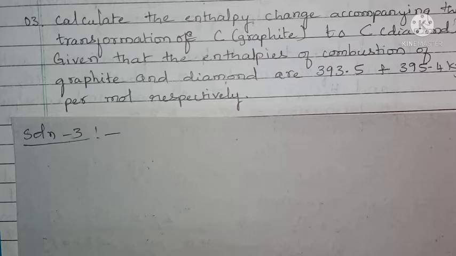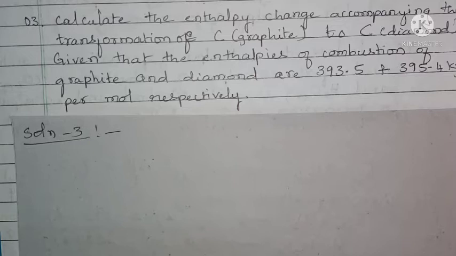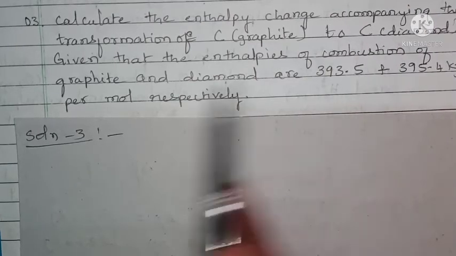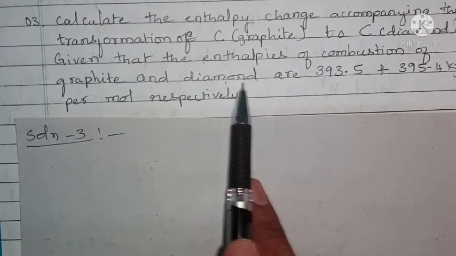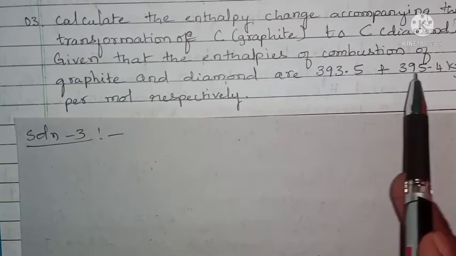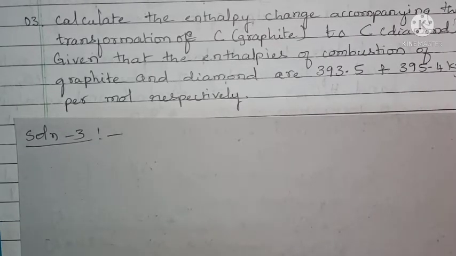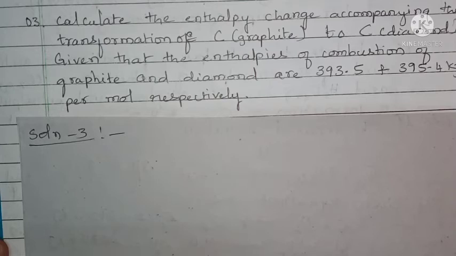During that reaction, how much heat energy is involved, we have to calculate. Here they have given that the enthalpies of combustion of graphite and diamond are 393.5 and 395.4 kilojoules per mole. So first I have to write the required equation.